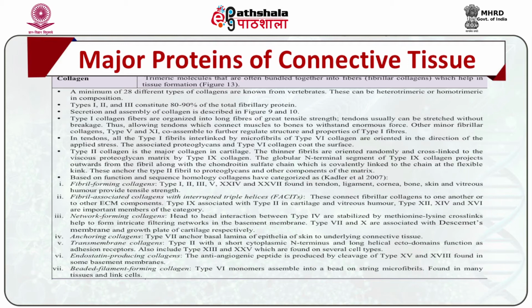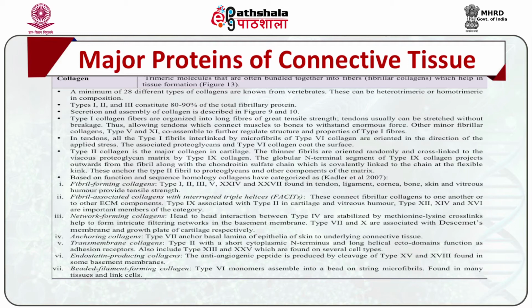Other minor fibrillar collagens, type 5 and 11, co-assemble to further regulate the structure and properties of type 1 fibers. In tendons, all the type 1 fibers are interlinked by microfibrils of type 6 collagen and oriented in the direction of the applied stress. The associated proteoglycans and type 6 collagen coat the surface.